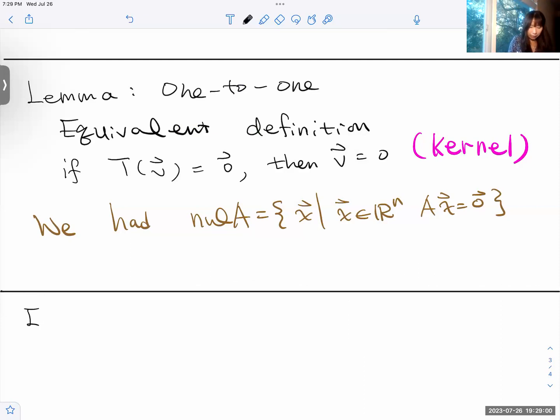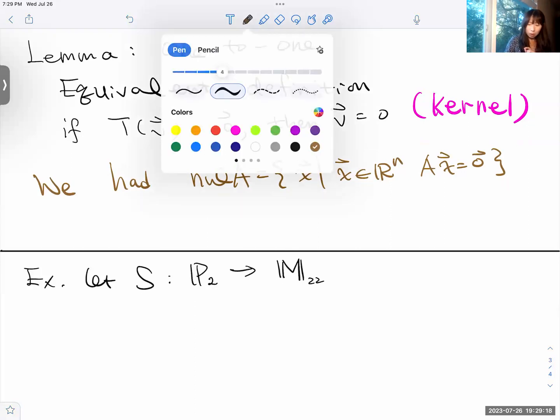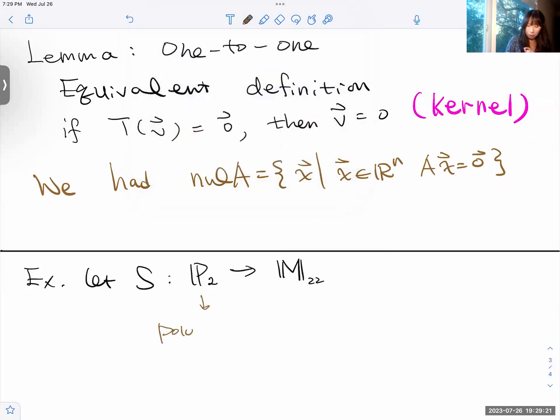Okay, so let S be a transformation from P sub 2 to M22. We know this notation, right? We learned this one, polynomials of at most degree 2.